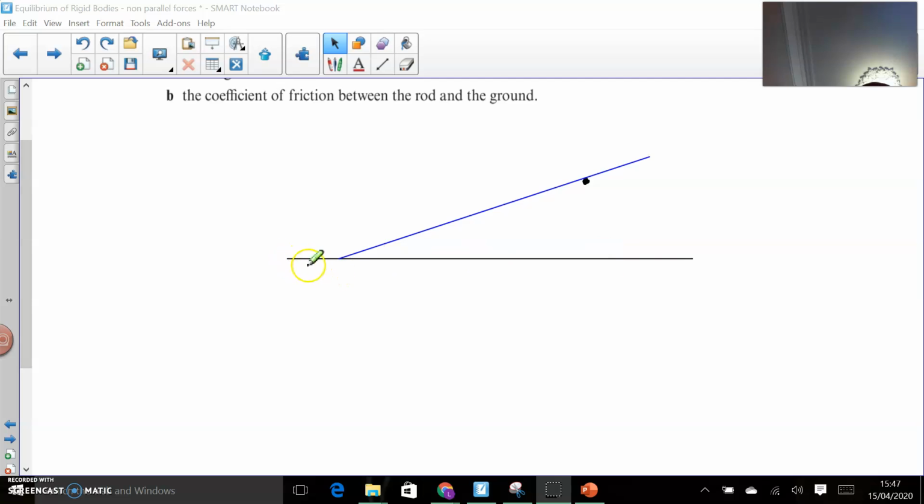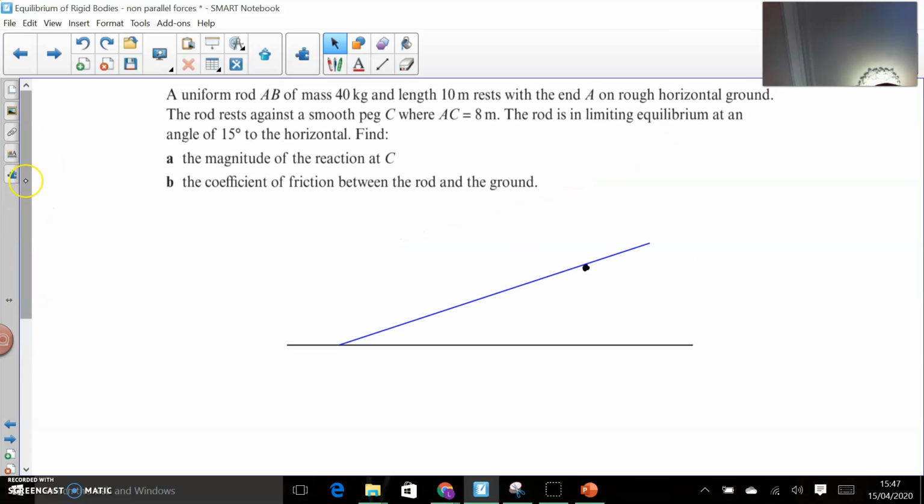Okay, so here you have the ground, that's horizontal, and here you have the peg. And the peg, as you can see, really is modelled as the point. The blue line is the rod, and there's one end on the horizontal ground.